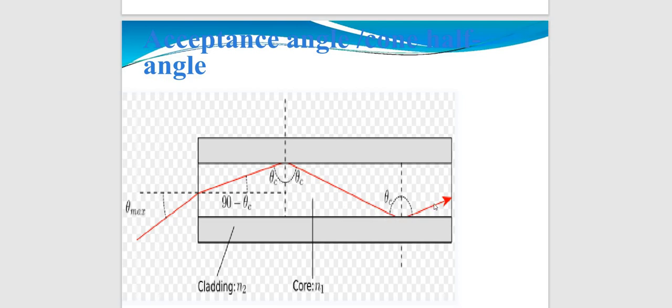This meridional ray is reflected at the first angle, theta c, and moves until the end of the fiber.